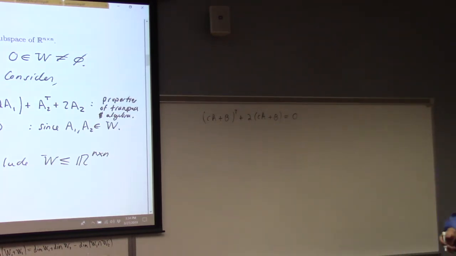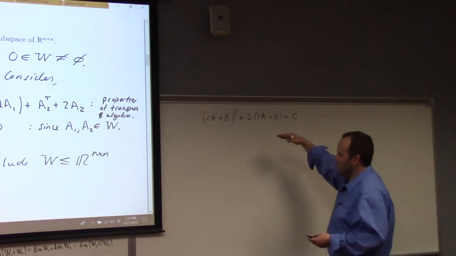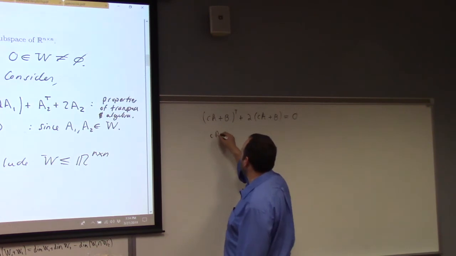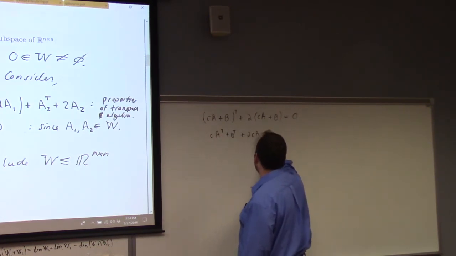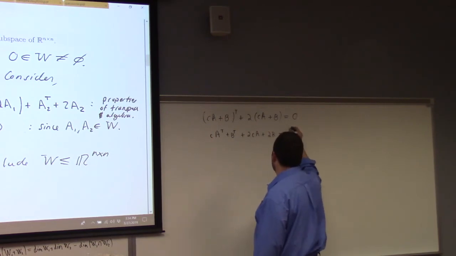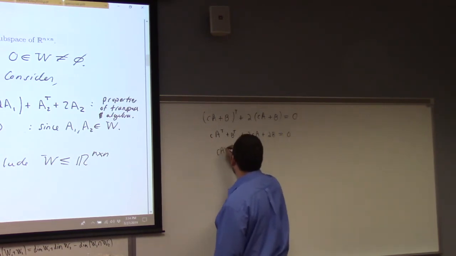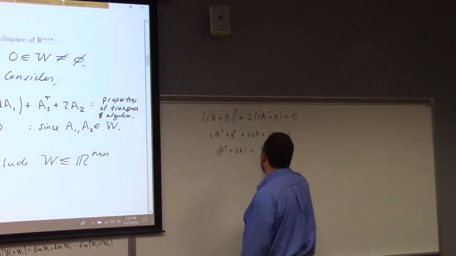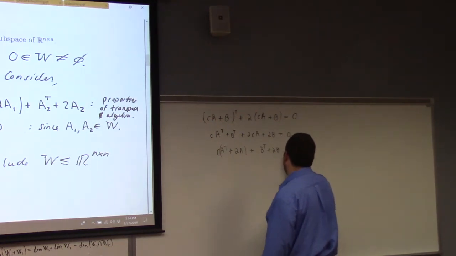And then, of course, what she does is proceed to make steps, right? So she writes C A transpose plus B transpose plus 2CA plus 2B equals 0, and then CA transpose plus 2A plus B transpose plus 2B equals 0.